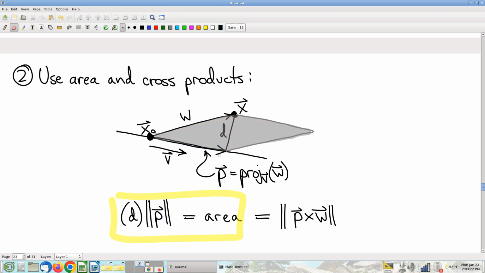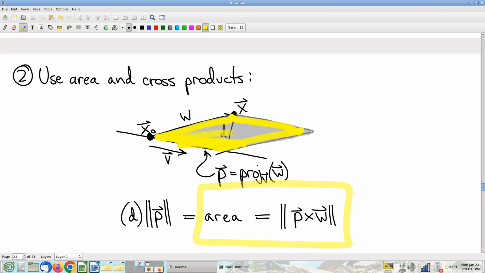Not that I care about area particularly, but I can compute area a different way. This time I'm going to compute the same area, but I'm going to do it using a previous formula, namely that if you have a parallelogram with two known edge vectors, then P cross W has magnitude equal to that area.